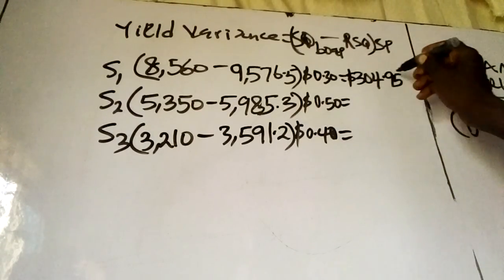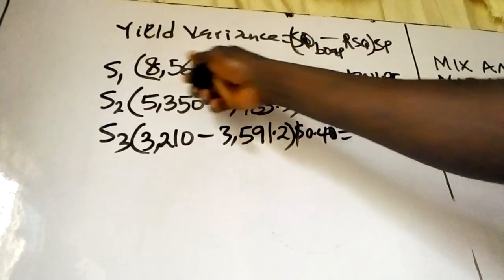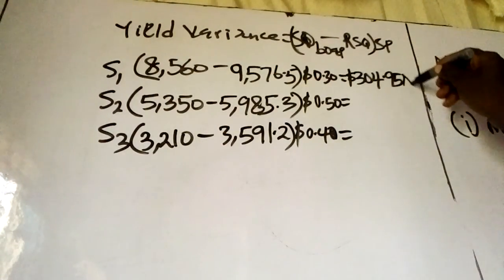This is greater than this. That is to show that it is adverse.